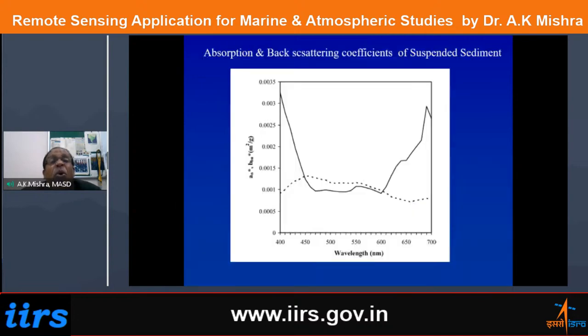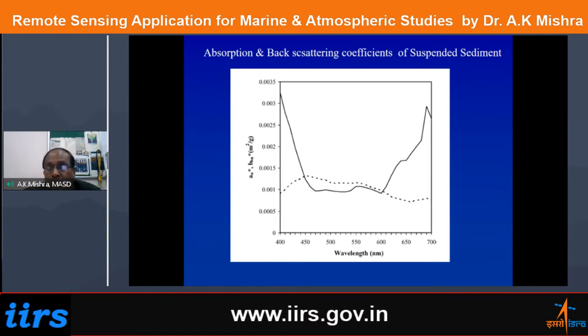Now we will discuss the absorption and backscattering coefficient of suspended sediment. I have given you an example of absorption and backscattering characteristics observed in the coastal waters of Paradip, and you can see a U-shaped absorption coefficient and a convex backscattering coefficient.